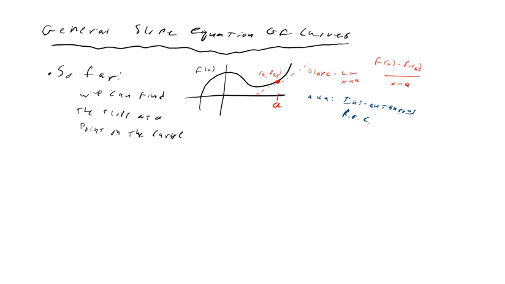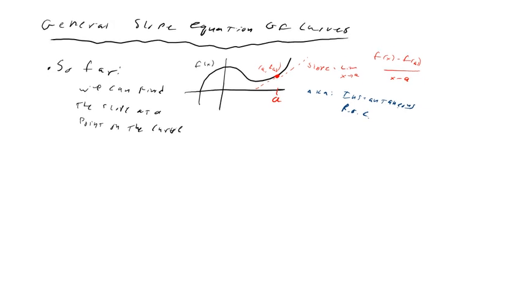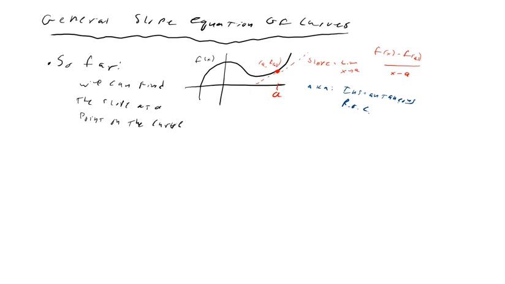And that's all fine. But what if I want to find the slope of this curve over here? What if I want to find the slope right there, or here, or somewhere else? I would need to redo this calculation over and over and over again.